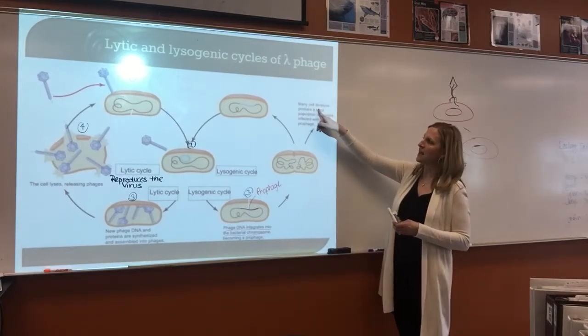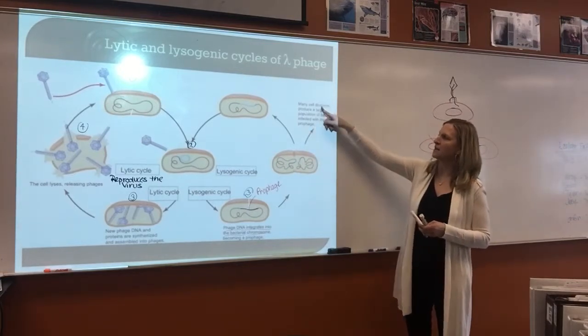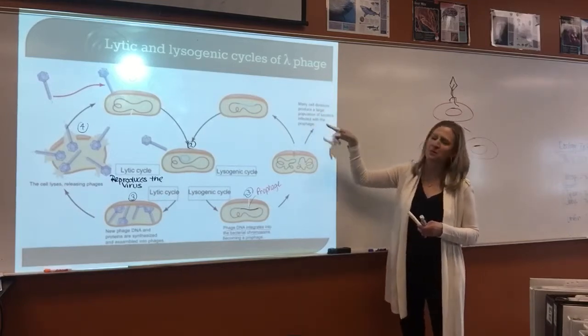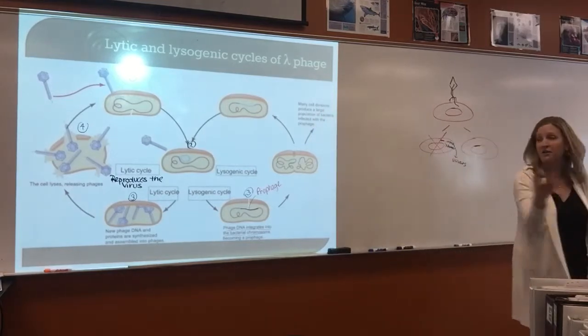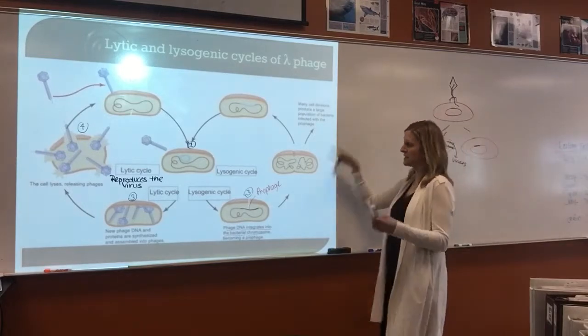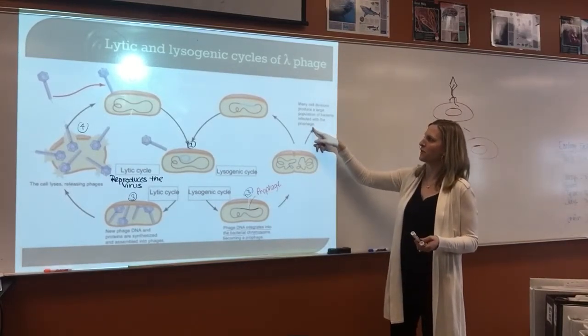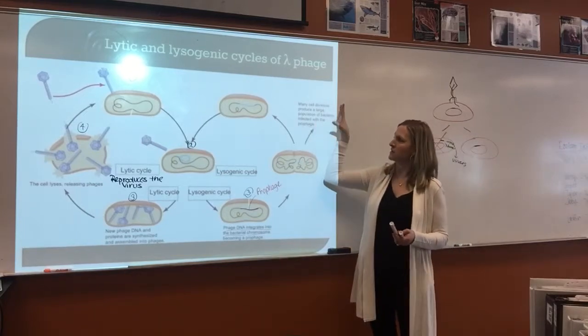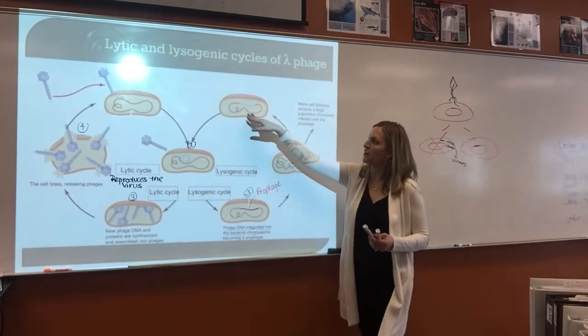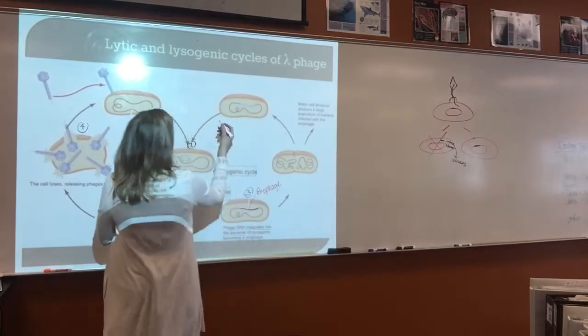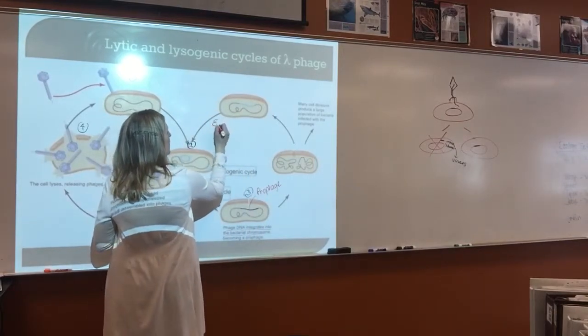And many cell divisions, they're only showing you one here, many cell divisions produce a large population of bacteria. So you can get millions of bacteria now that have this viral DNA, that are infected with this prophage.